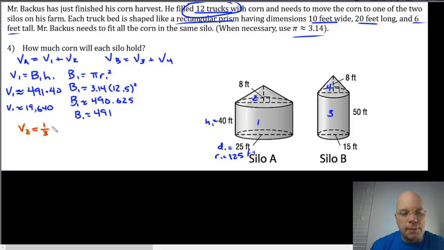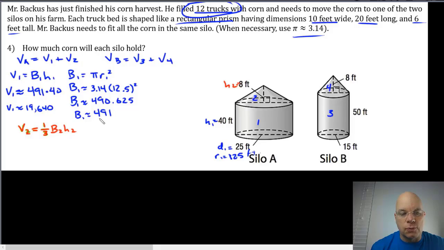So we have 1/3 multiplied by the area of this base circle 2 multiplied by the height of the cone, h2. h2 is 8 feet here. I don't really need to recalculate the area of the cone's circular base because it's congruent to the area of the cylinder's circular base. So we already have that.